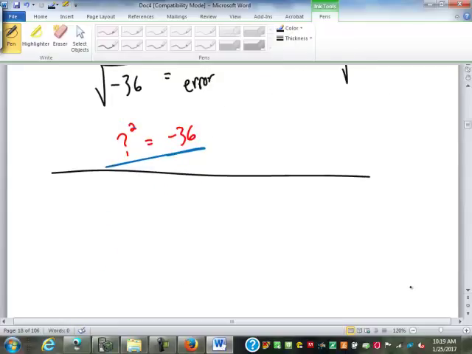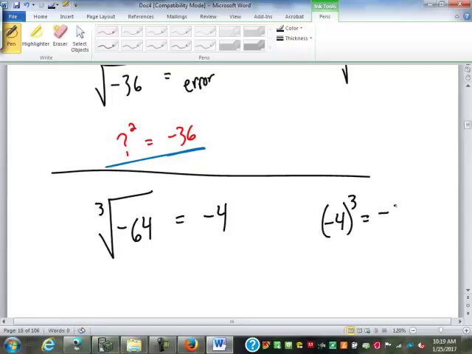However, if I do a third root, a cubed root of a negative 64, we said the third root of 64 is 4. That one's going to be negative 4. Because we saw that negative 4 to the power of 3 is a negative 64.